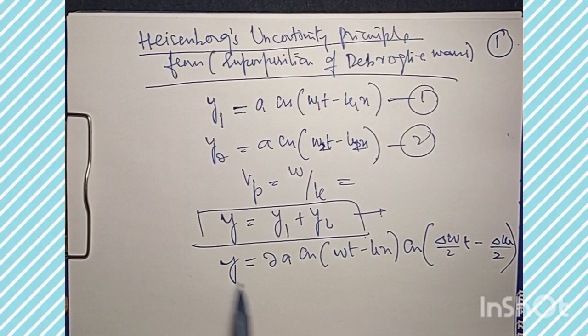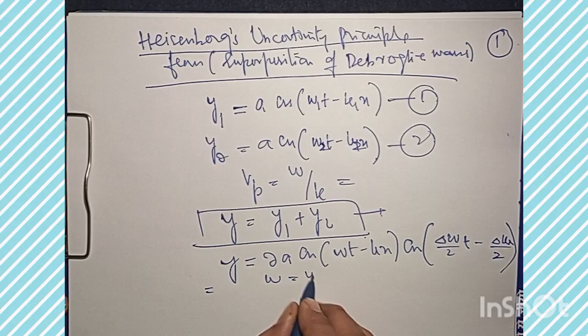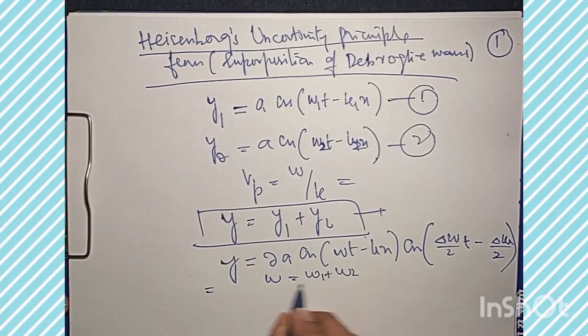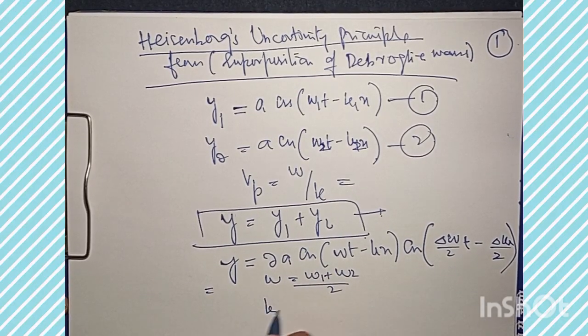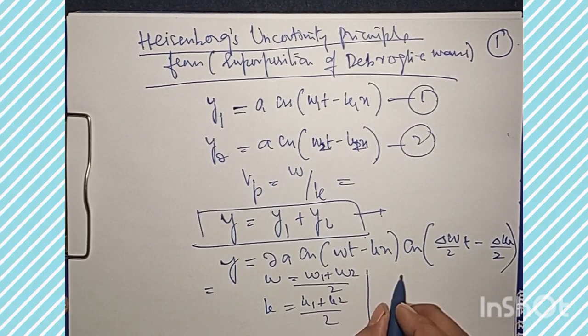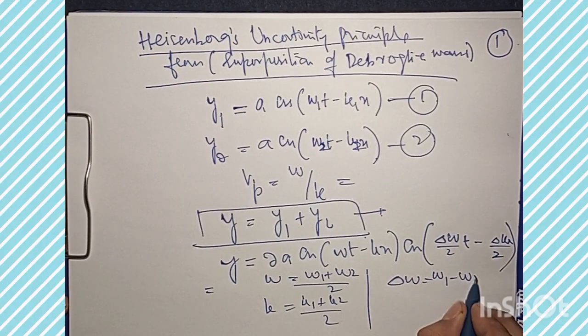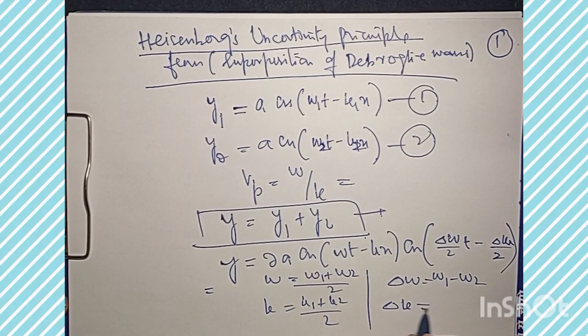This was the result of the superposition of these two waves, where we had assumed that omega is omega 1 plus omega 2 by 2, and k is k1 plus k2 by 2, and delta omega is omega 1 minus omega 2, and delta k is k1 minus k2.